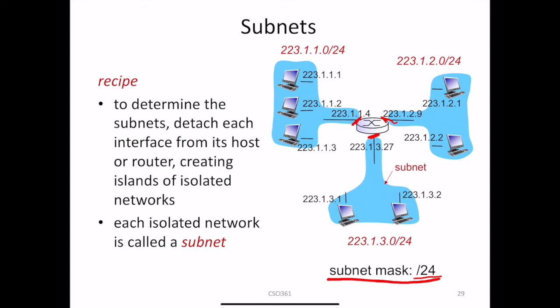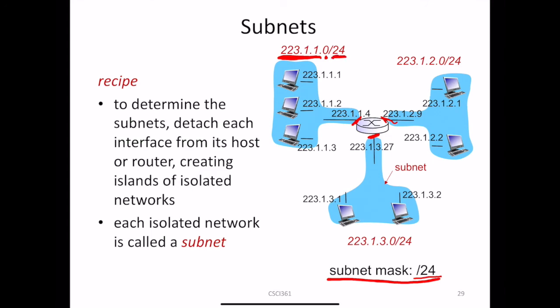The last 8 bits can represent a decimal number. Therefore, the first 3 decimal numbers are the subnet part, and the last one is the host part.